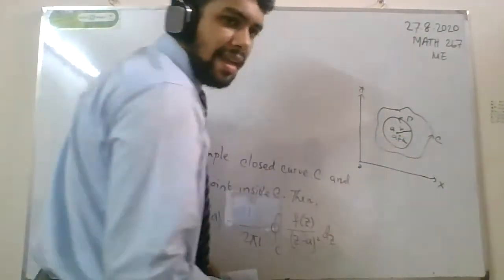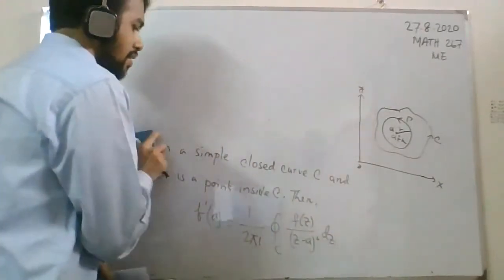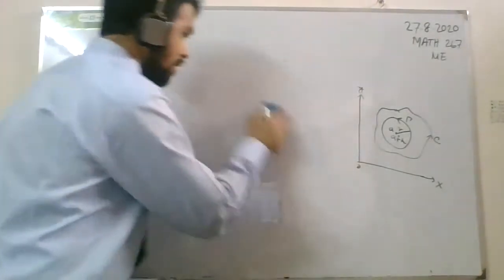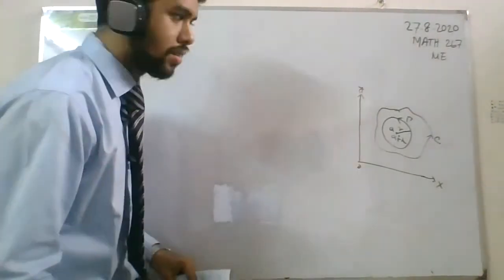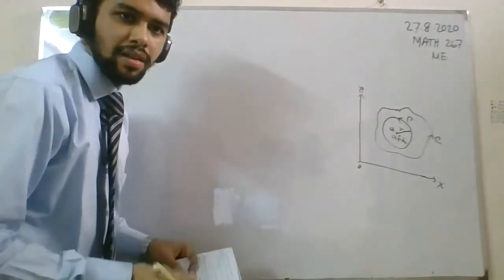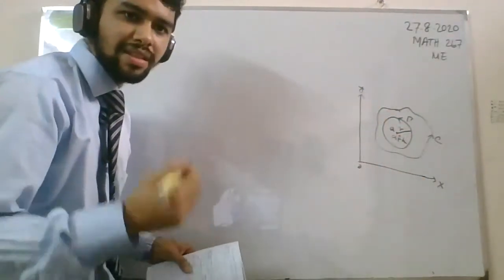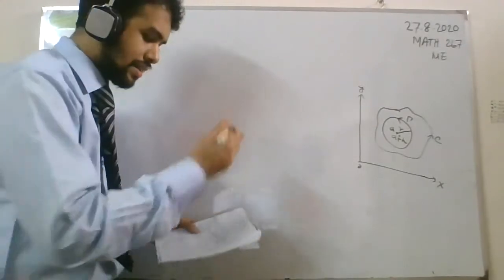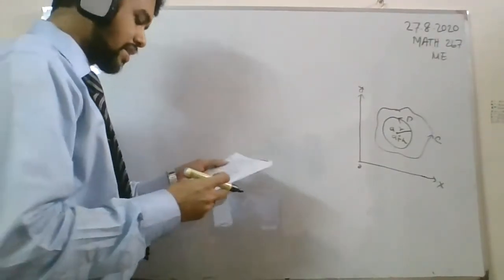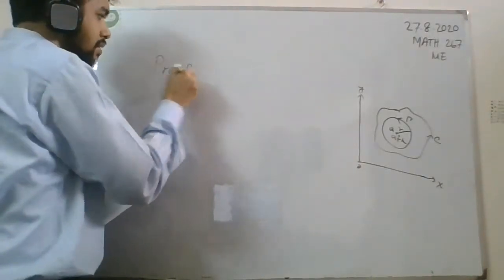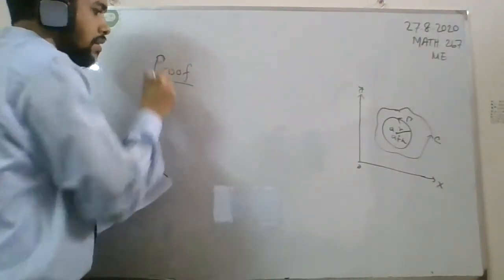which is A plus H. Sir, why is it z minus a square? Please explain once more. Sir, the inner circle, why did you get it? This is the x axis and y axis. I said it is z minus a whole square. The inner circle, is that C or R?